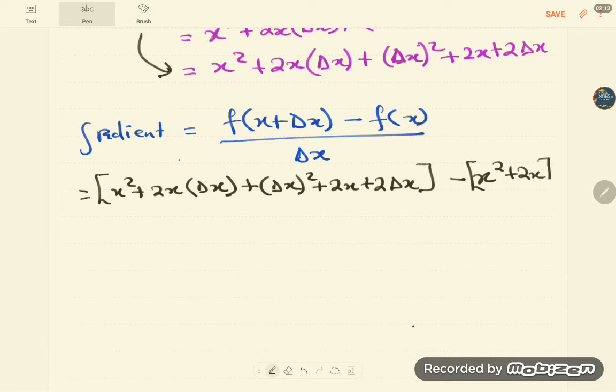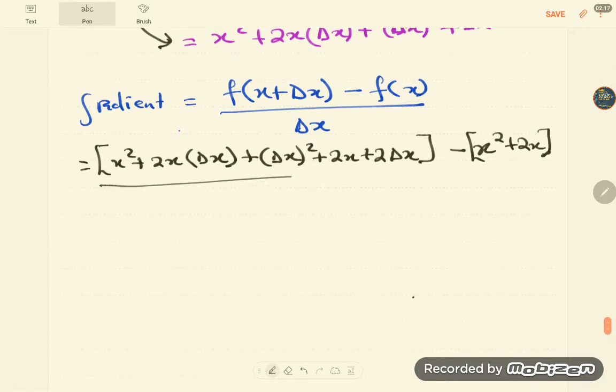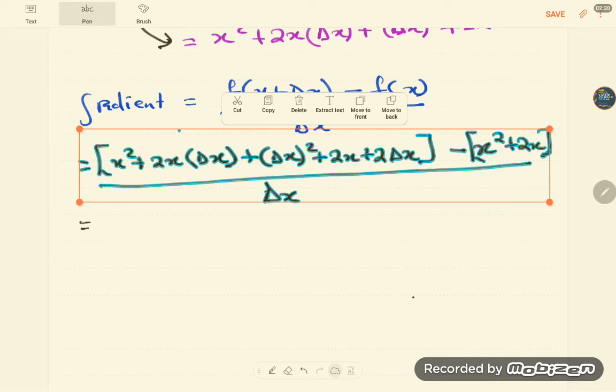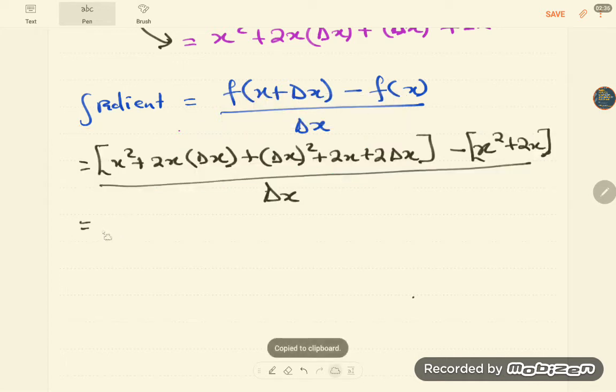Now that we've got more than one term, we have to now place it in brackets. Divided by delta x. Taking everything outside the brackets, like we did before. Copy that.